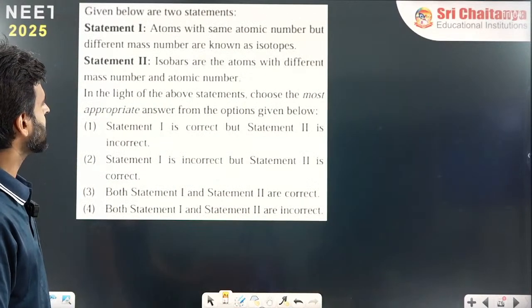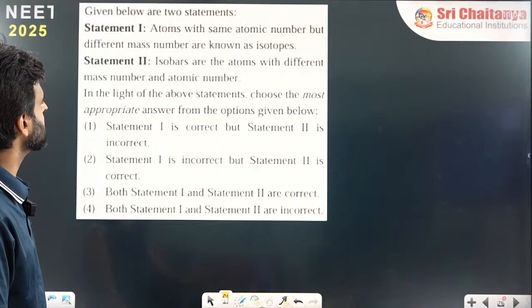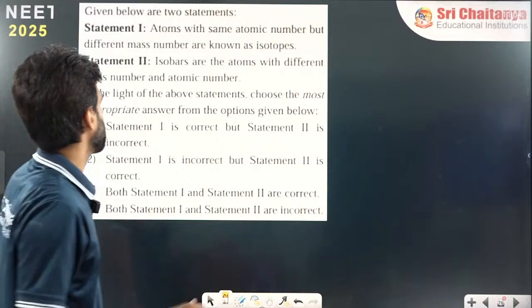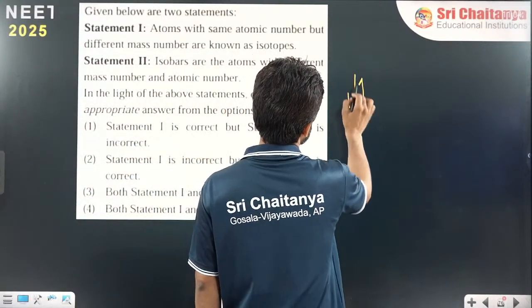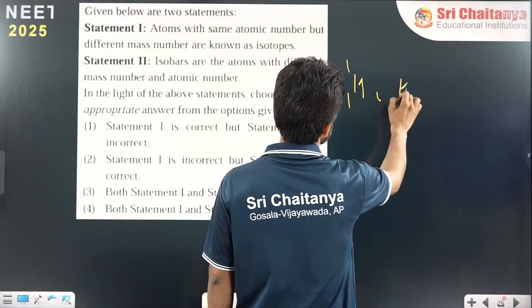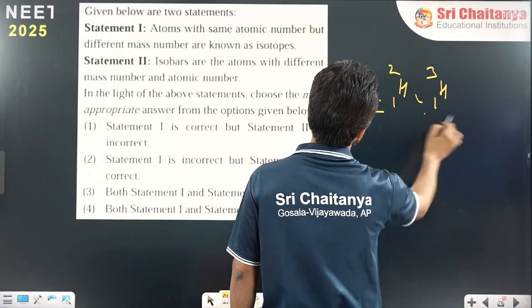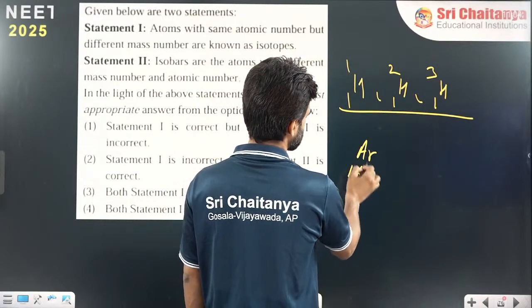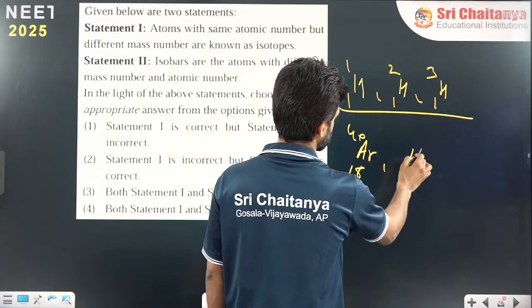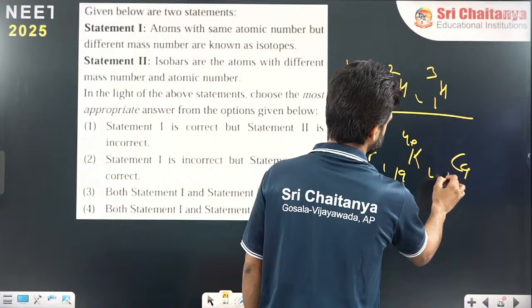An atom with the same atomic number but a different mass number is known as an isotope. The simplest example: 1H1, 1H2, 1H3. What are these? Isotopes. Whereas if I take argon 18-40, potassium 19-40, calcium 20-40, what are these?